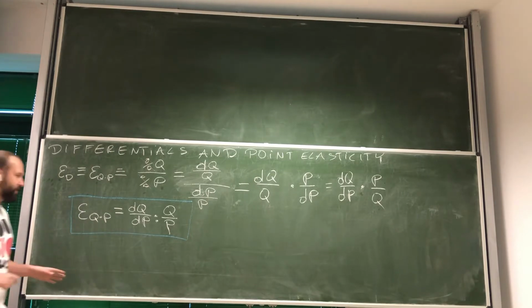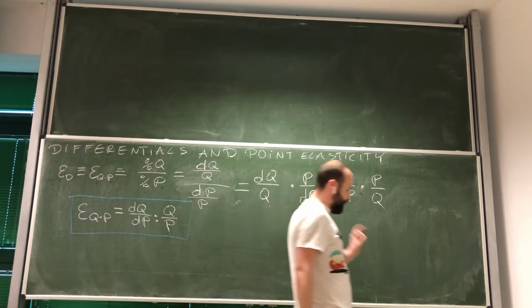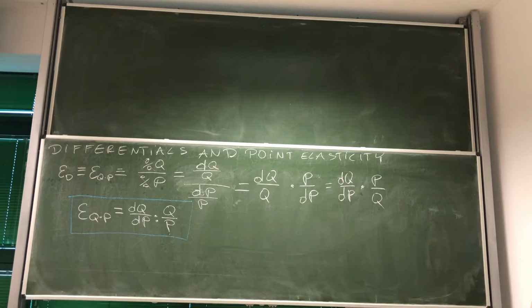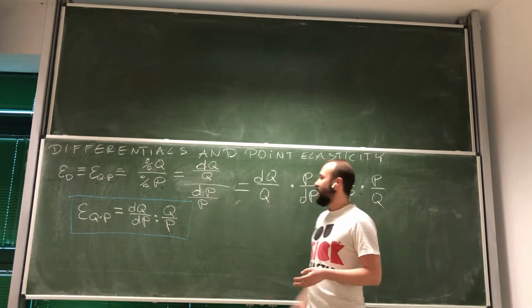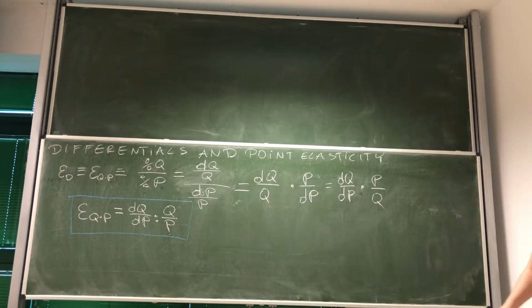So this formula gives us the elasticity of the function at any given point, and in our case the elasticity of demand, of course, at any point on the demand function.